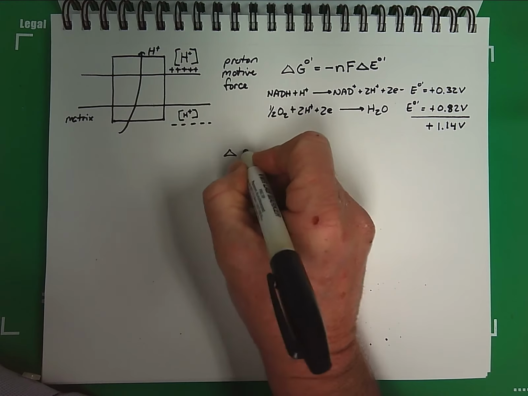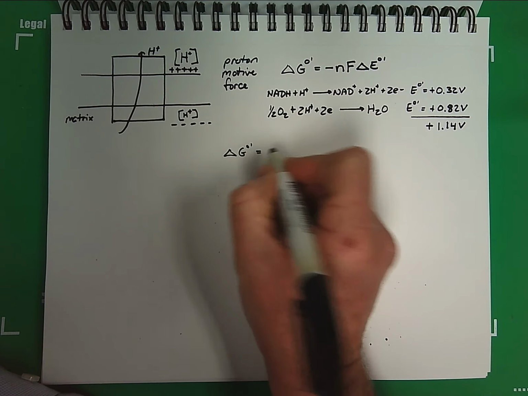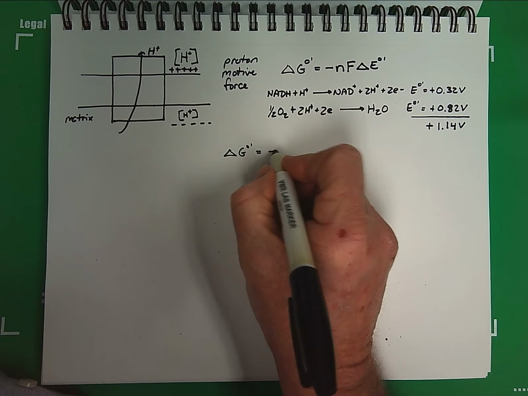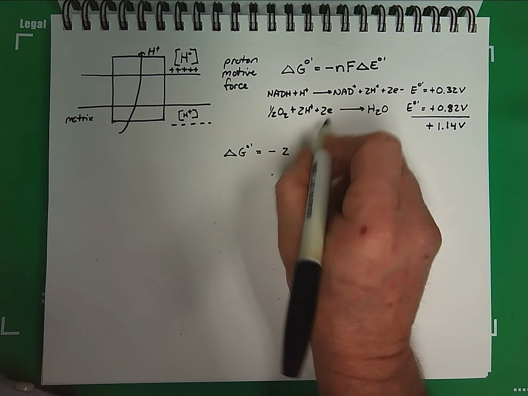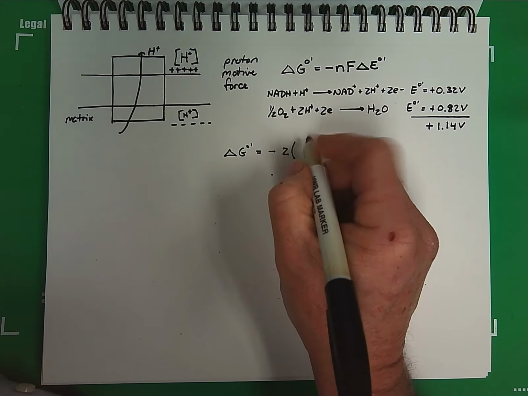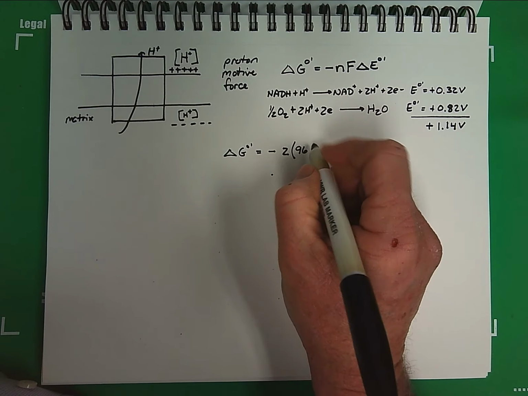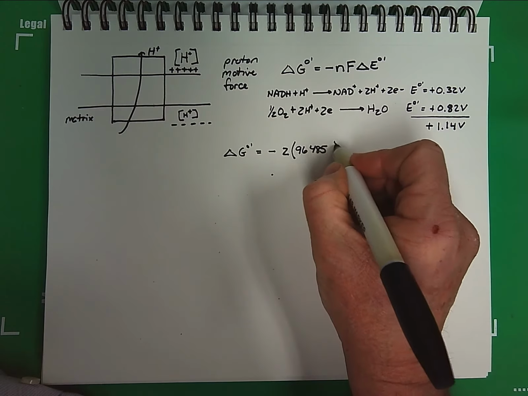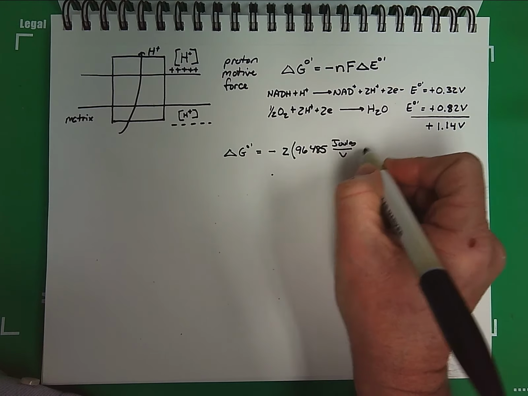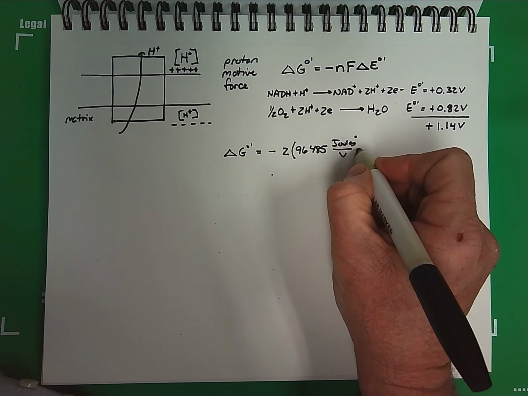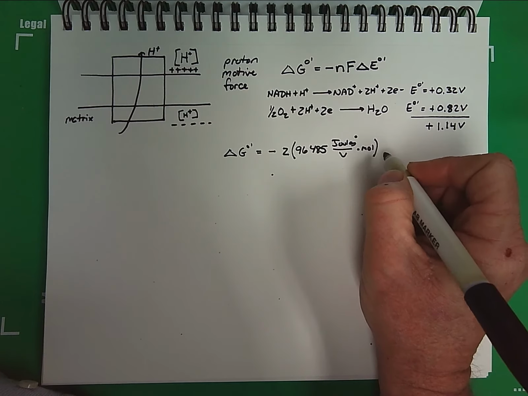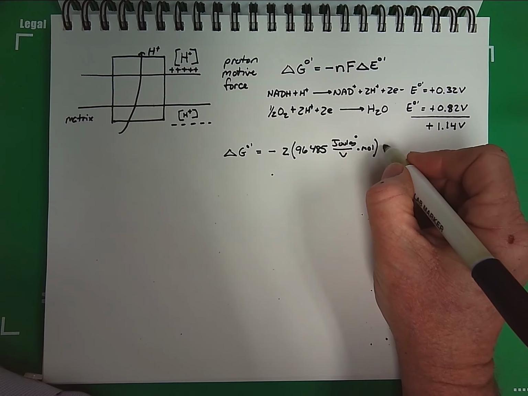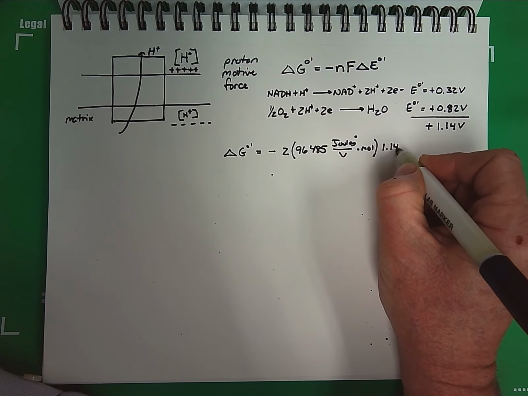In that case, the standard free energy change of the electron transport chain, measured in delta G, is going to be a negative 2 because we're moving 2 electrons, times the Faraday constant, which is 96,485 joules per volt per mole, times our standard potential change, which is a positive 1.14 volts.